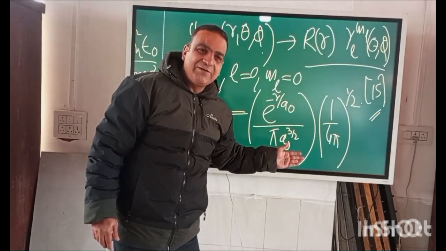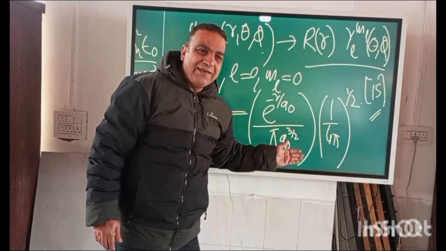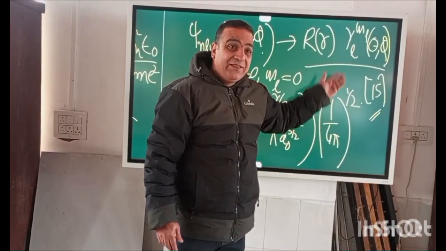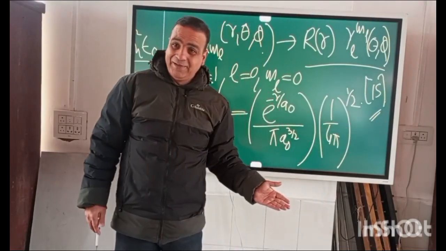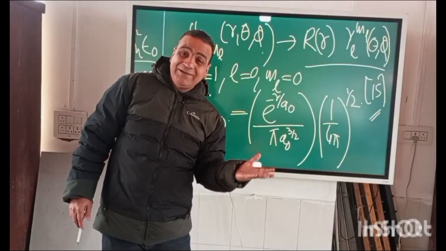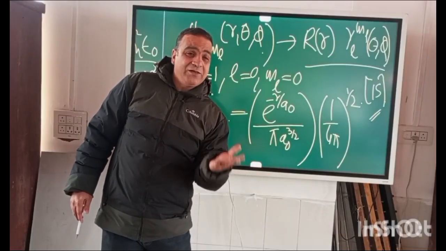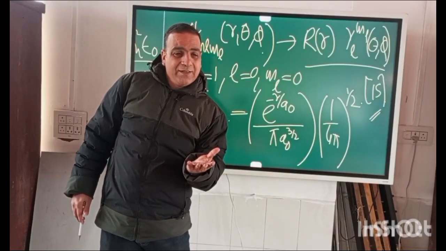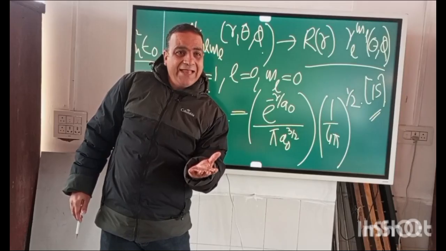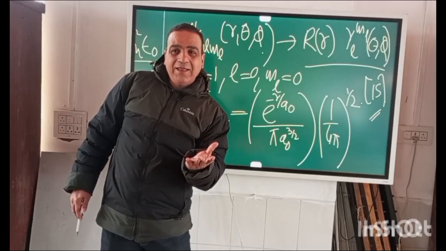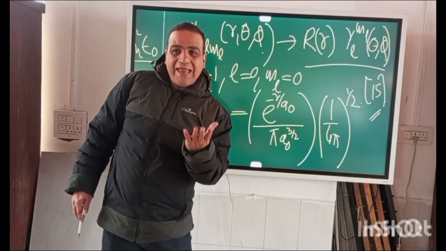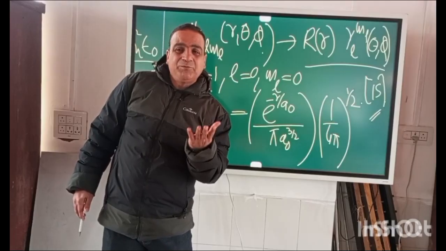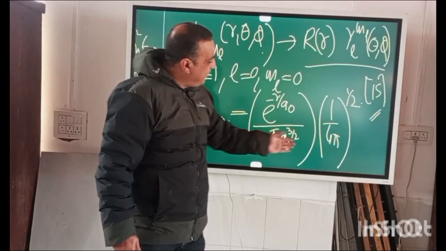Why it is spherically symmetric? Come on. Because there is no change in theta and phi. In fact, I think this is the argument that we started with when we talked about spherical polar coordinates. We chose the argument that the electron, the hydrogen atom is a spherically symmetric problem. And that's coming as a result here.